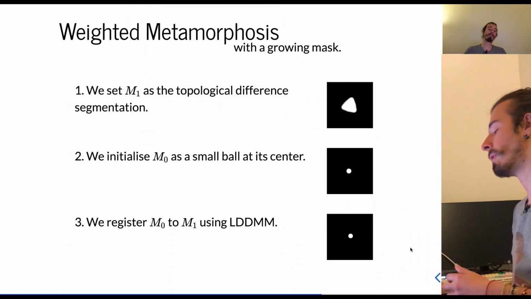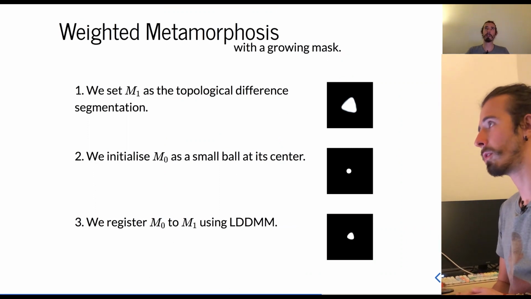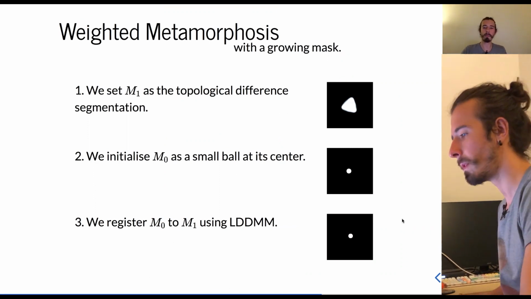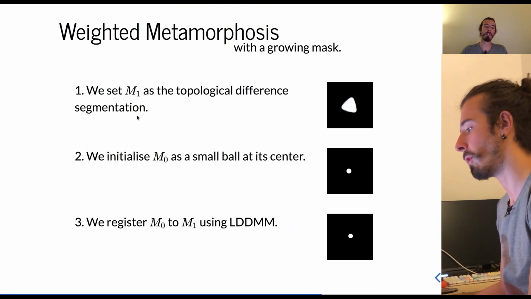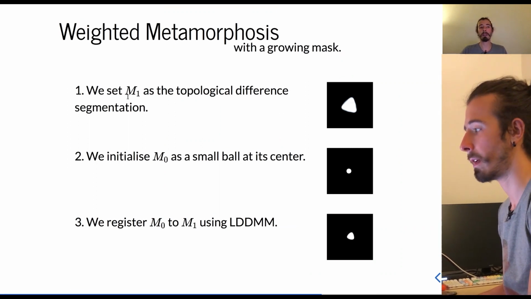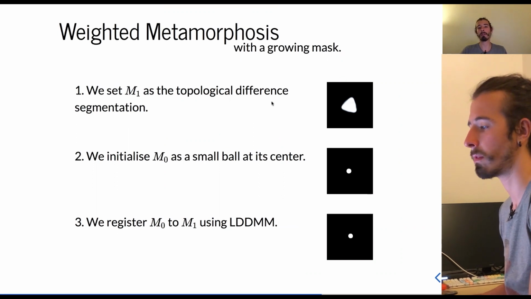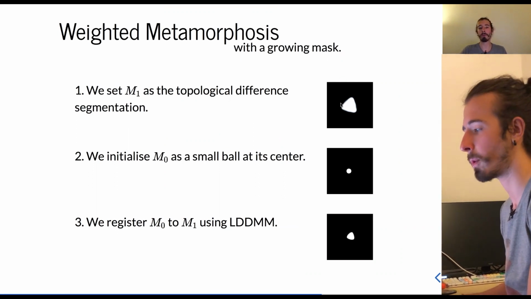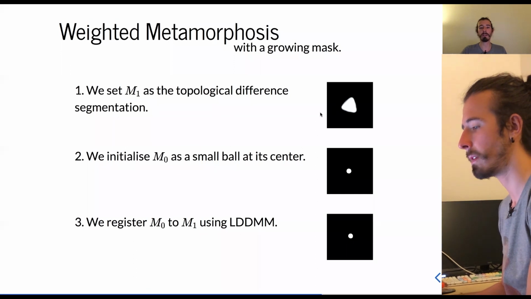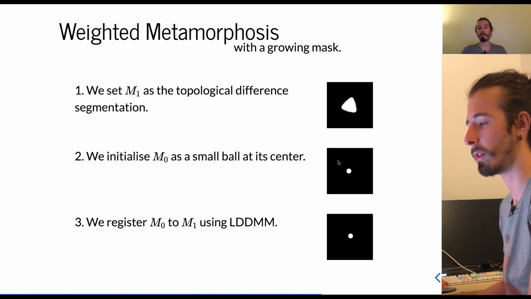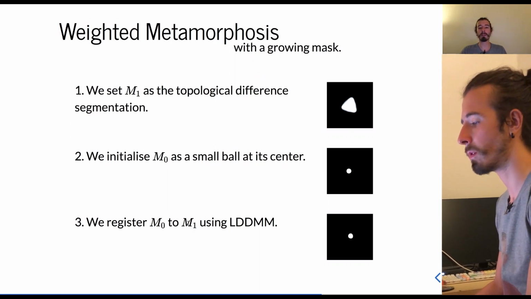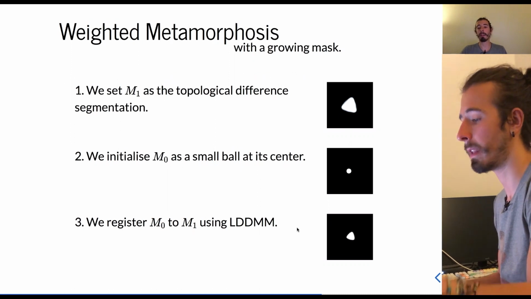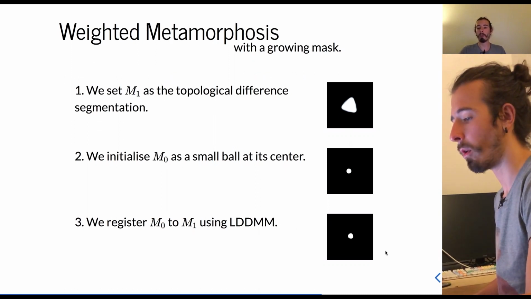We have not a constant mask, but a temporal mask. To construct the growing mask, we set M1 at time 1 as the segmentation of the cancer, of the topological difference. Then we initialize M0 as a small ball at the center of the cancer, and we register M0 to M1 using LDDMM. Therefore, we have a growing mask.